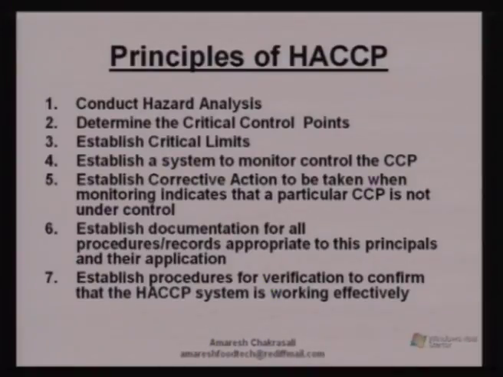The product can be isolated and either discarded or sent for reprocessing if it is technically feasible. If it is a water industry and chlorination is not effective, you will have to divert the water a step back, rechlorinate it, and get it back. And then establish documentation for all procedures and records appropriate to these principles and their application.